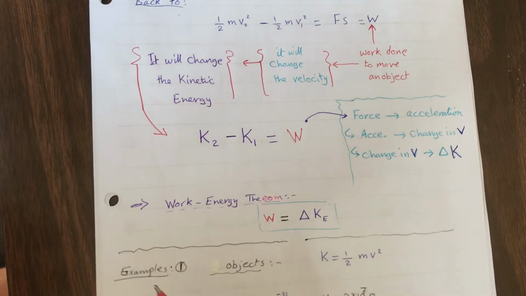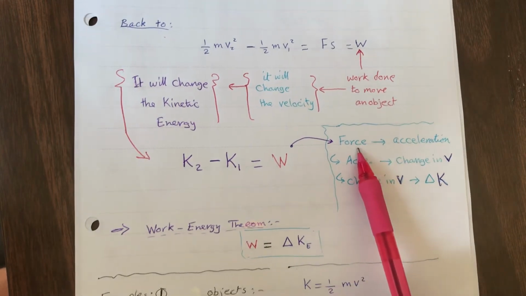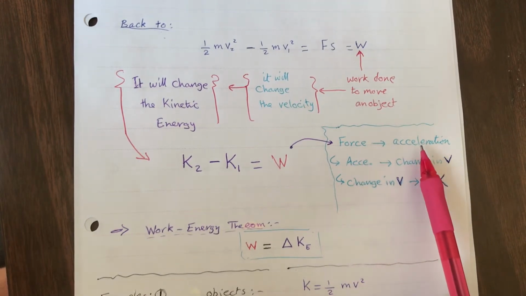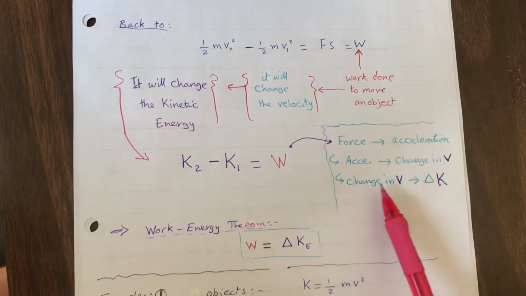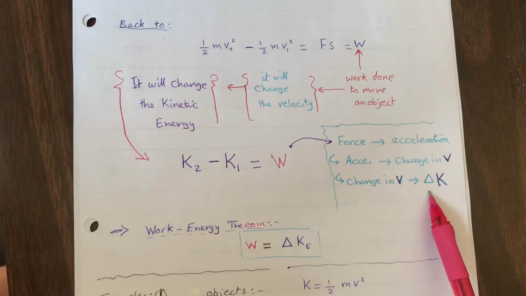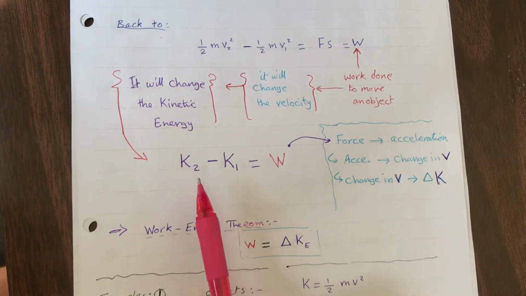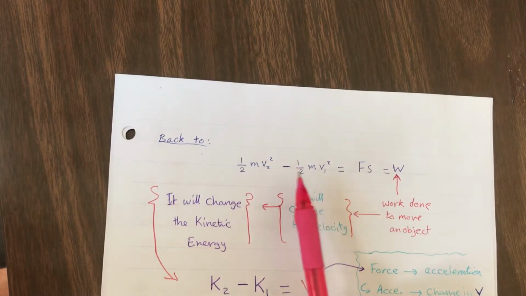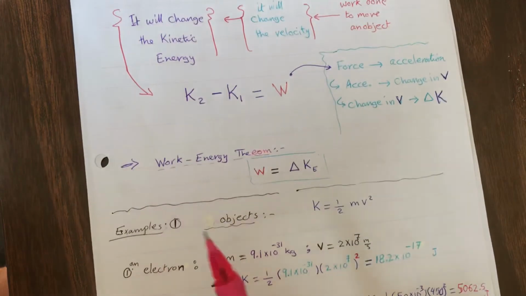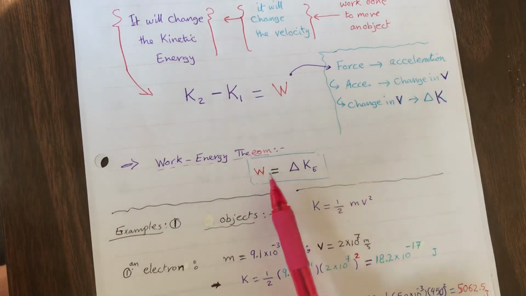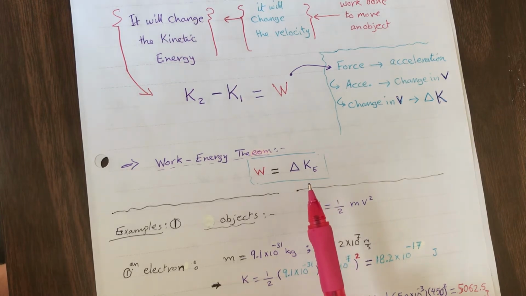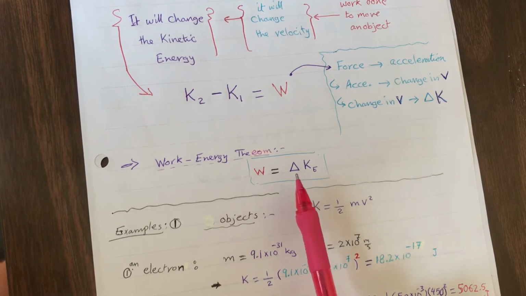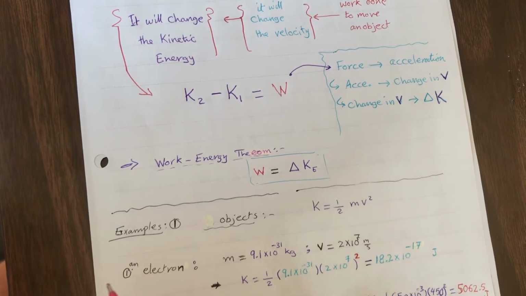So this is the way the force gives us acceleration, the acceleration gives us change in velocity, the change in velocity gives us change in kinetic energy, as we see from the initial relations. So the work will be converted to a change in kinetic energy for the object.